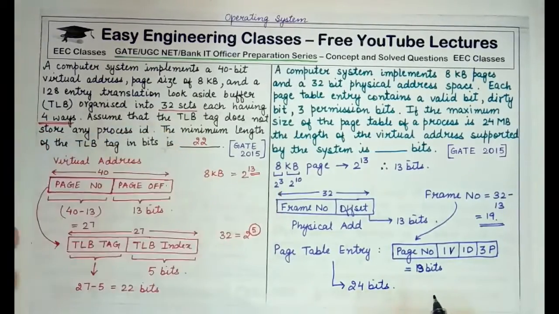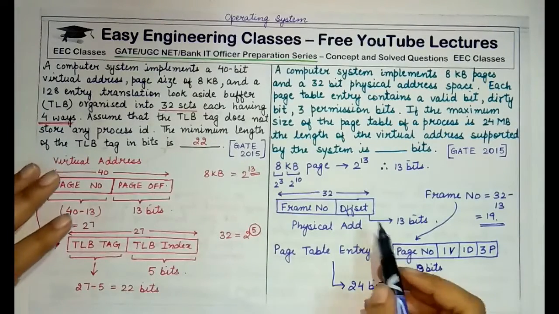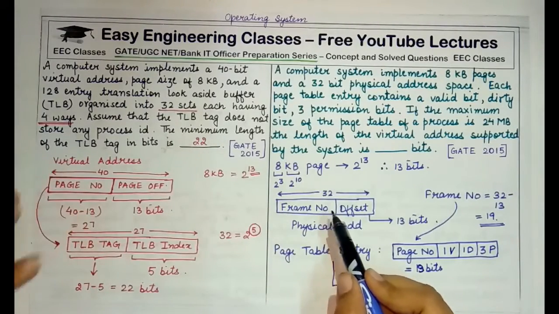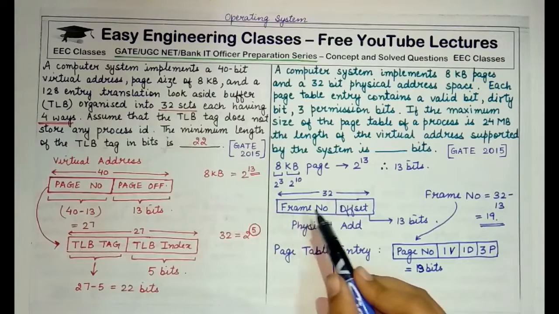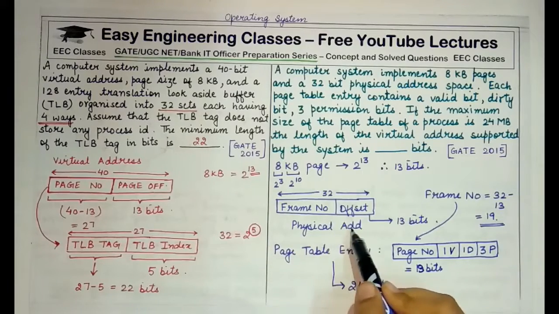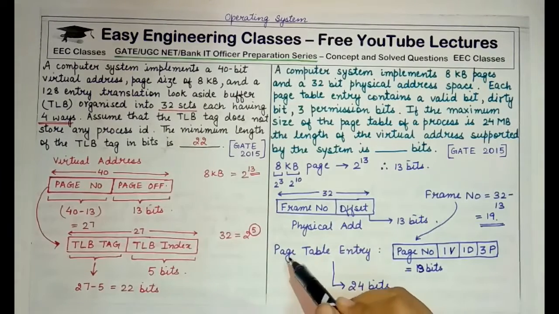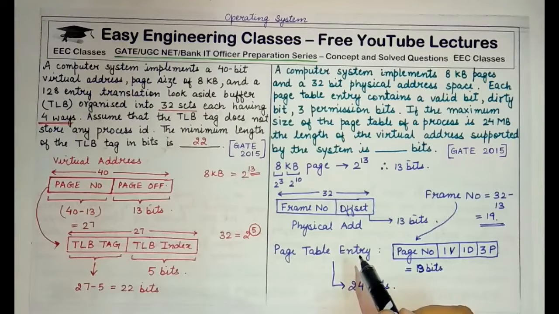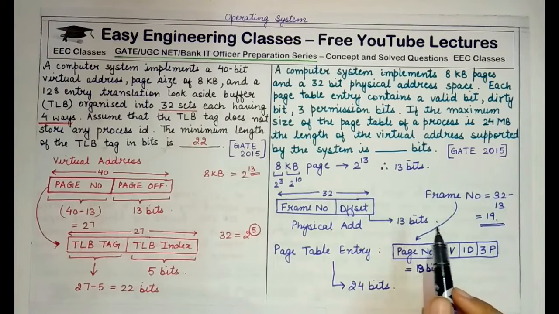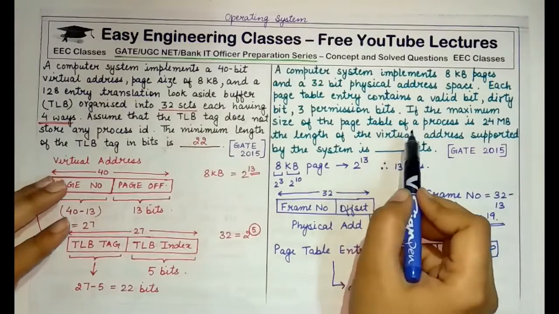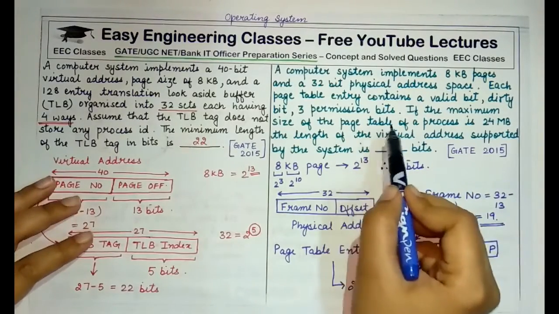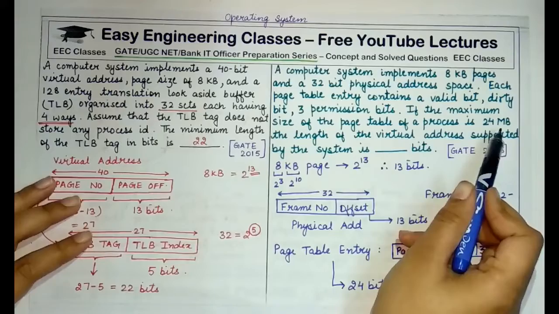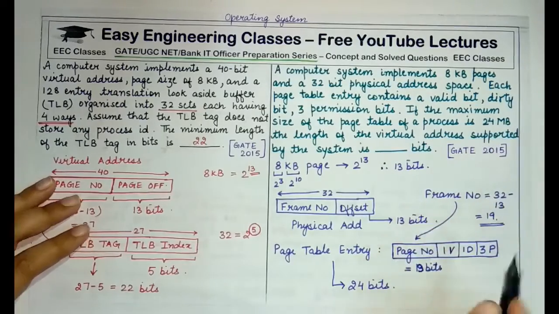So what we have calculated till now is the number of bits required to represent the frame field in the physical address. Then we have calculated the size of one page table entry. Now, what is further specified in this question? We are given that the page table of a process can be a maximum of 24 MB.